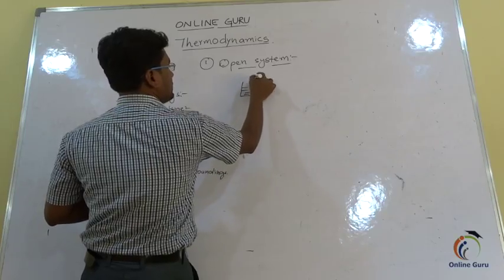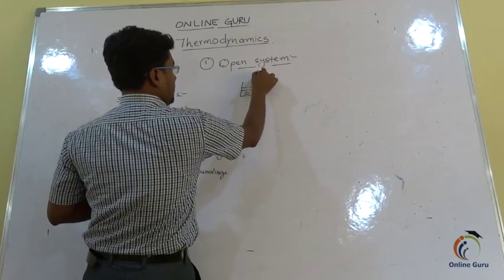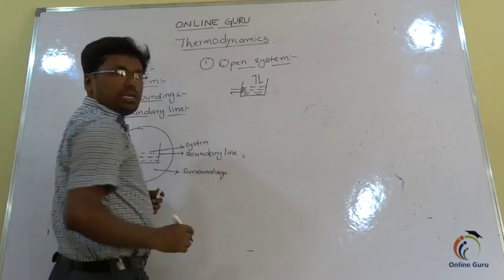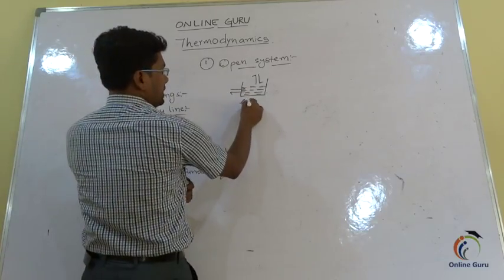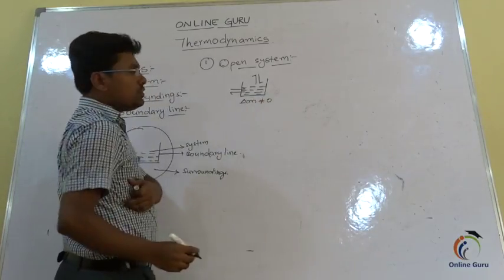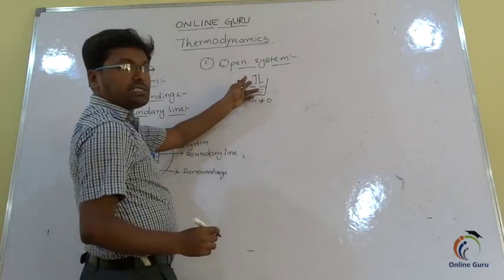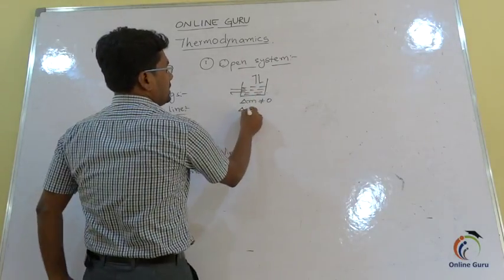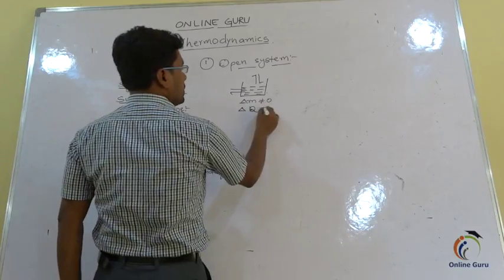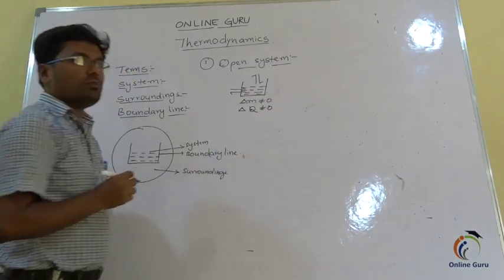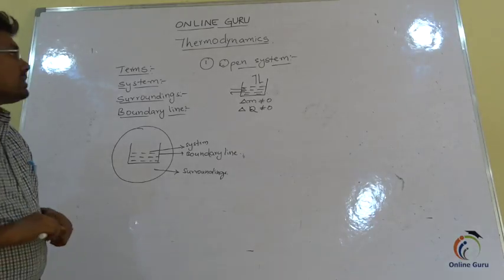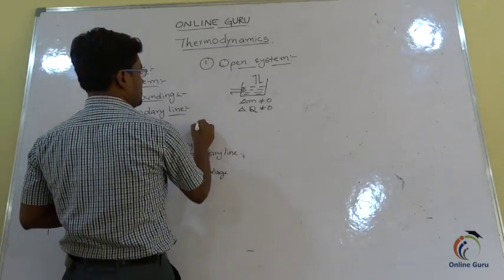Here matter can exchange and heat can also exchange. So delta M, which means matter, is not equal to 0, because matter is exchanging, and delta Q, which means heat, is also not equal to 0, because both matter and heat can exchange between the system and surroundings. This is about the open system.